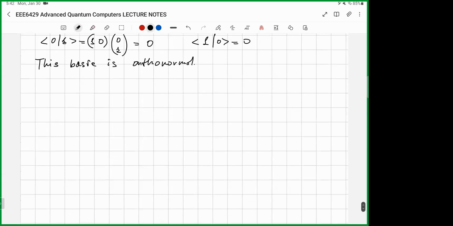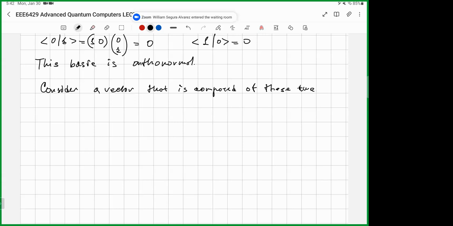So now let's consider a vector that is composed of these two basis vectors.